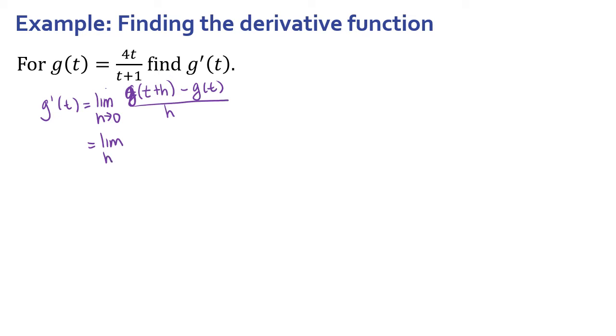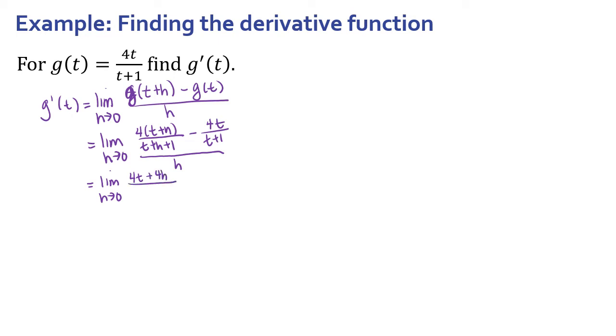All right, so the limit as h approaches 0 of 4 times t plus h over t plus h plus 1 minus 4t over t plus 1 all over h. Holy grossness. Okay, I'm going to just get this numerator multiplied out.